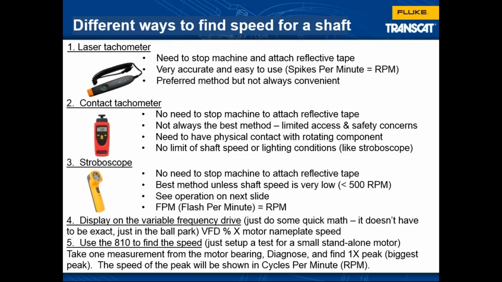A stroboscope is a flashing light that allows you, without contact and without using a piece of reflective tape, to find the speed of the machine. Although this isn't going to be able to be used on real low-speed machines because the flash isn't going to give us enough light. You could also go to the variable frequency drive panel. Now on constant speed machines, you don't have to do any of this. You just go to the nameplate and find the speed of the motor.